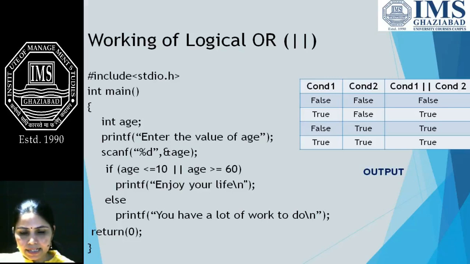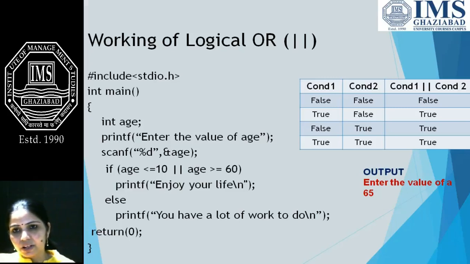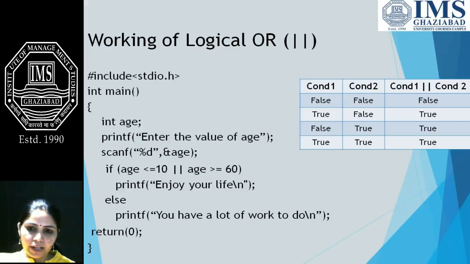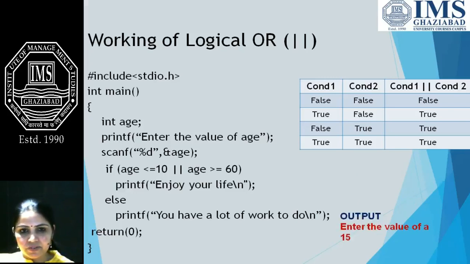So let us see it here. Say I have entered the age as 65. My condition number 1, that age is less than equals to 10, is false. And my condition number 2, age is greater than equal to 60, yes, it is true. Now since it is true, condition number 1 or condition number 2 comes out to be true. It would print enjoy your life. At a second point of time, say I enter the age as 15.